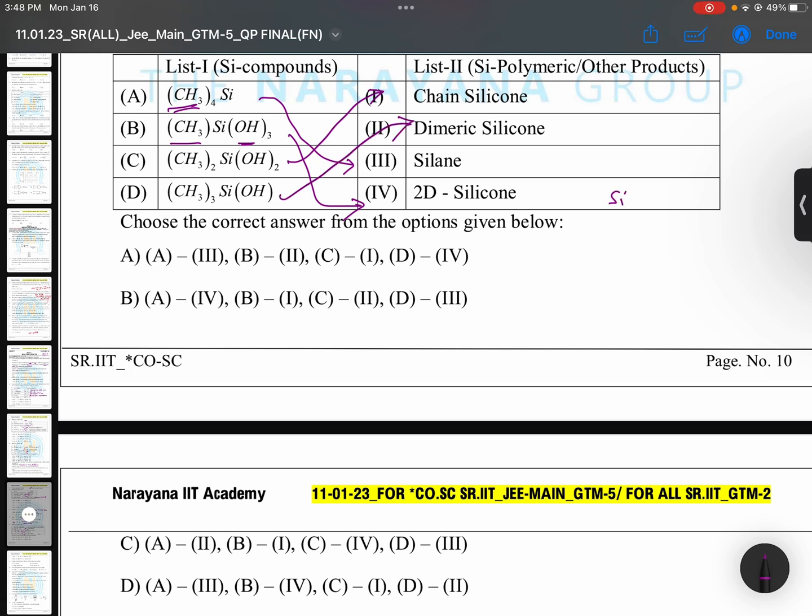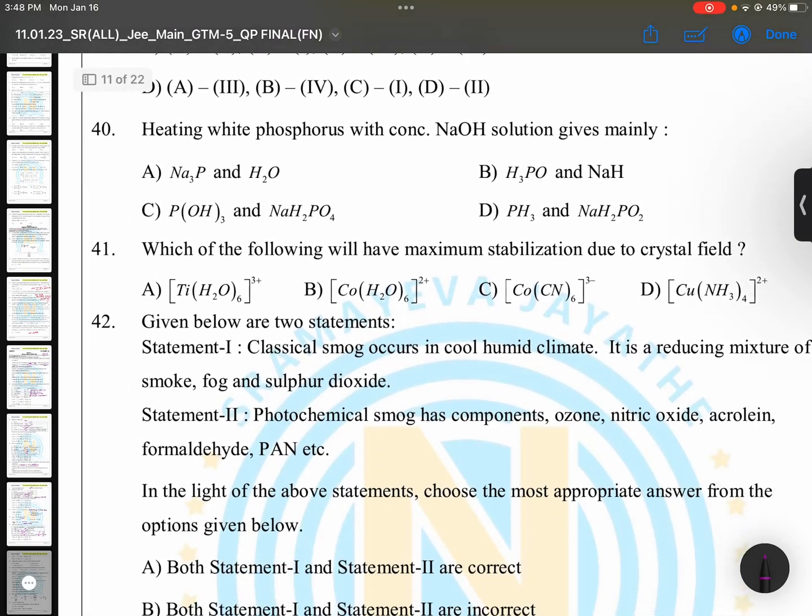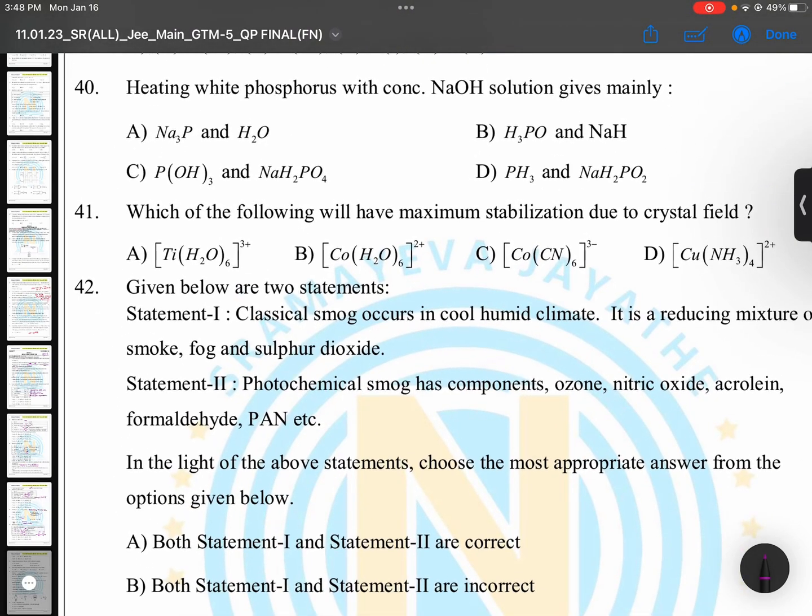Dimeric means it will be like this. Ten seconds. No, 10 seconds is not 1 second, because this question you have written so many times.